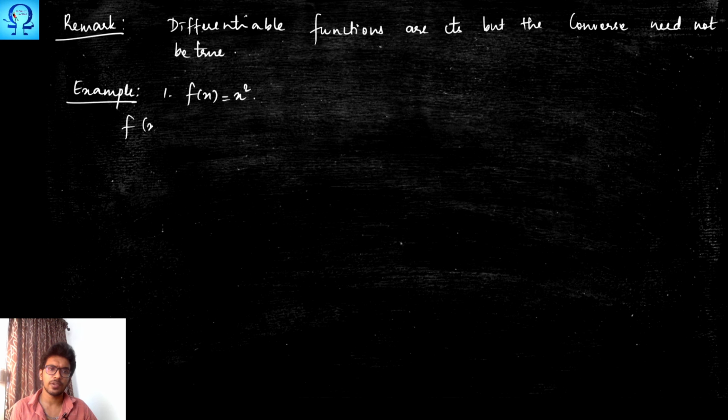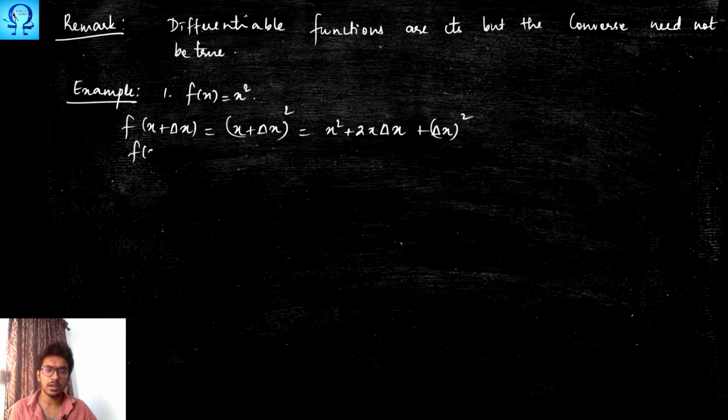So now I'll have to find out f of x plus delta x. So this happens to be x plus delta x the whole square. Using the formulas that we have studied in our school days, we shall write this like this.